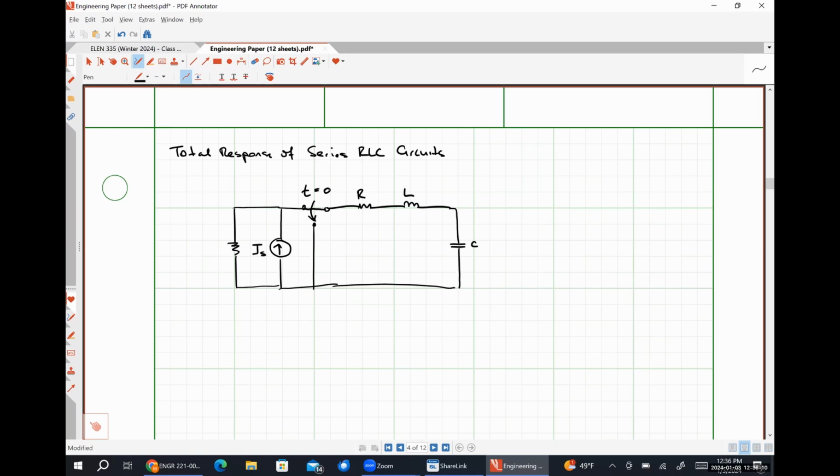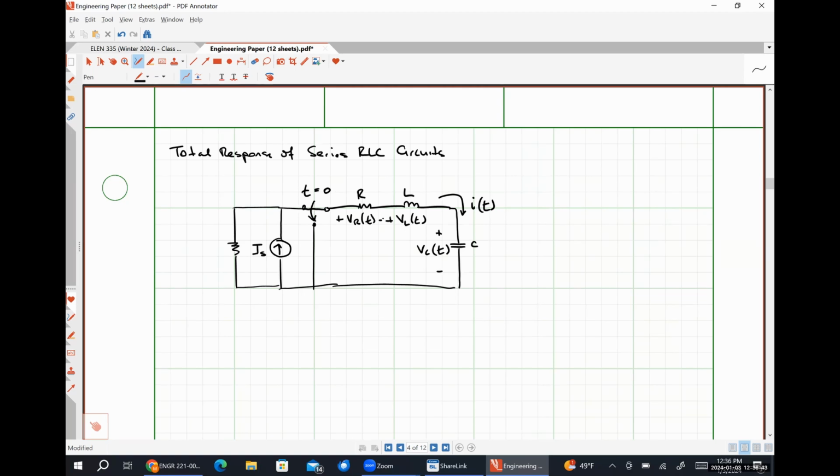So I'm going to define my common current to be I of T. And then this will be the voltage drop VL of T. This will be the voltage drop VC of T. And this will be the voltage drop VR of T. And I've chosen these particular polarities such that the current is flowing into the positive polarity terminal of all of them.